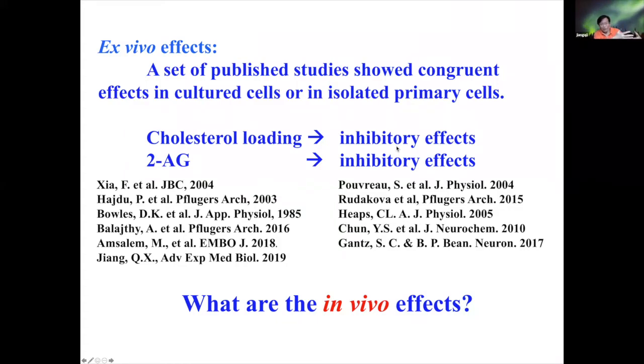We already demonstrated that lipid-dependent gating has a significant effect in the in vitro system. People in the past 20 or 30 years have accumulated enough evidence that in isolated cells or cultured cells, loading cholesterol, enriching the cholesterol content, can incur a significant inhibitory effect, consistent with the lipid-dependent gating I discussed.